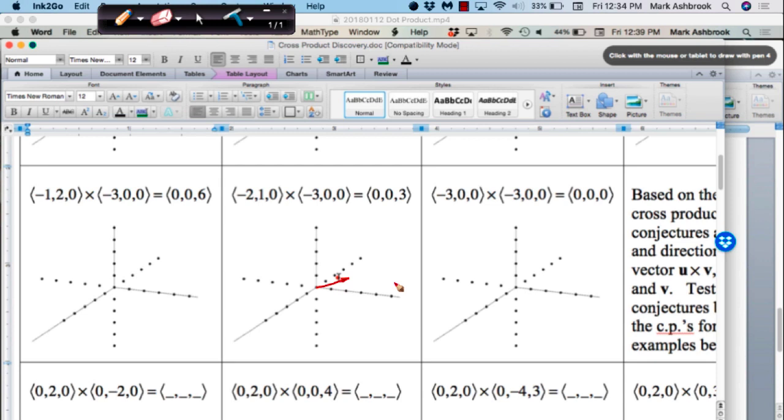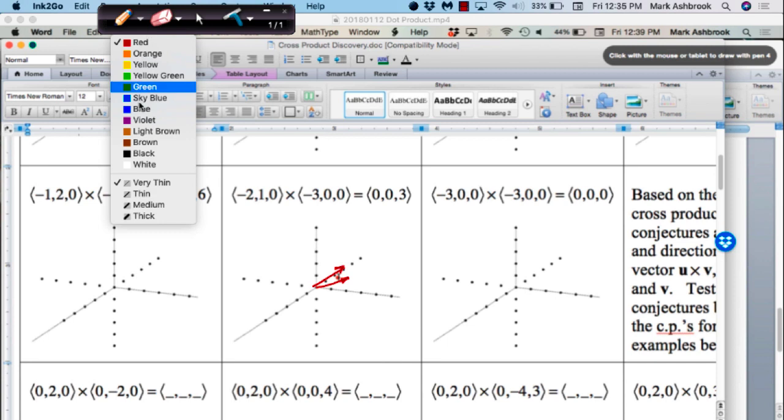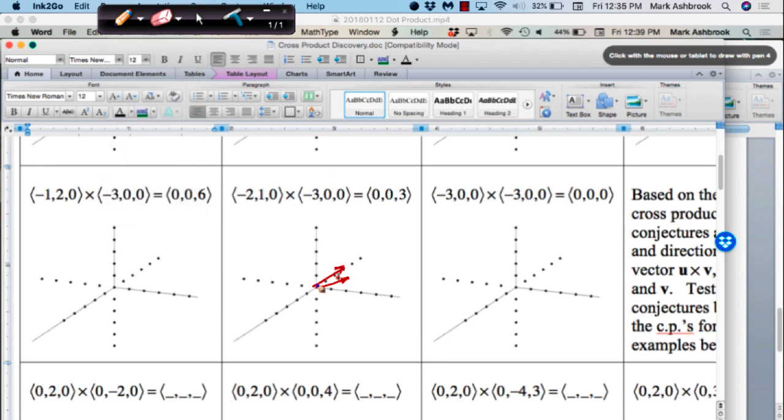Then -3, 0, 0 would be back here. Both of those are in the xy plane. And then the resulting vector of the cross product is 0, 0, 3: 0 in the x, 0 in the y, and just up 3 in z.